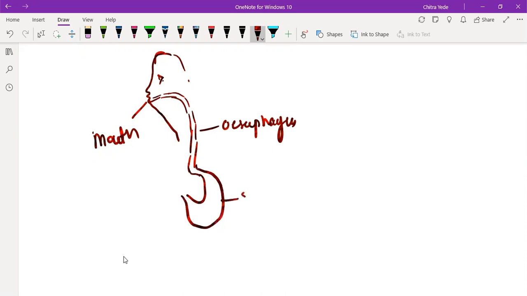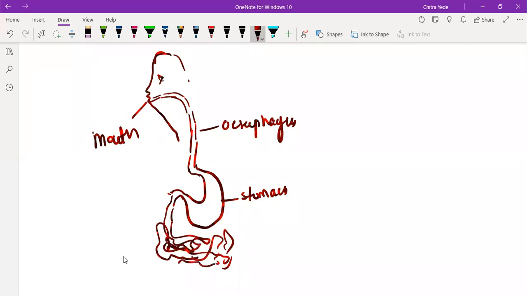After the stomach, the stomach opens into the small intestine, and the small intestine is very highly coiled. Then the small intestine opens into the large intestine.